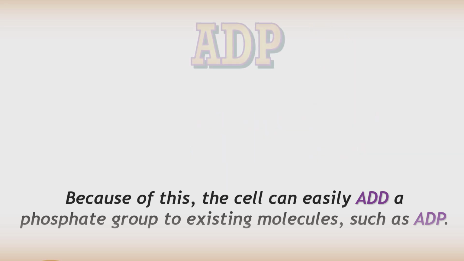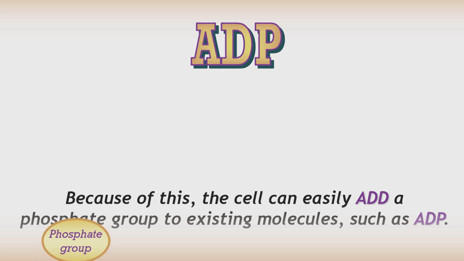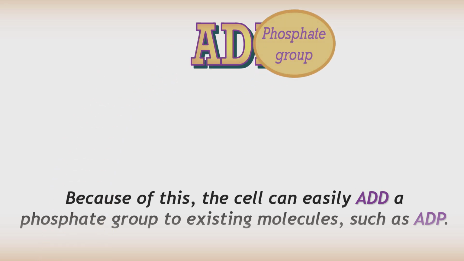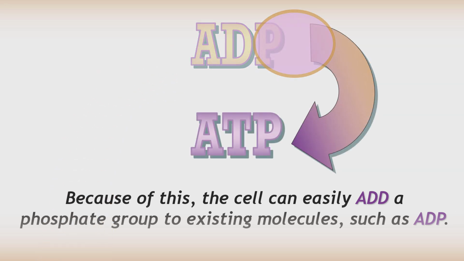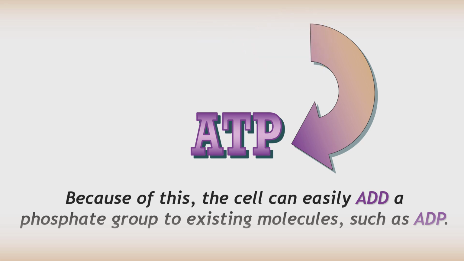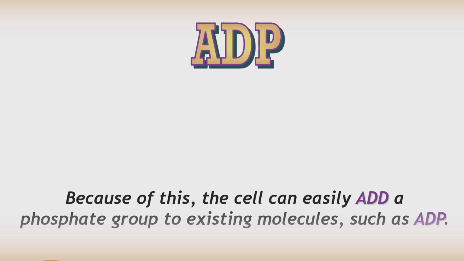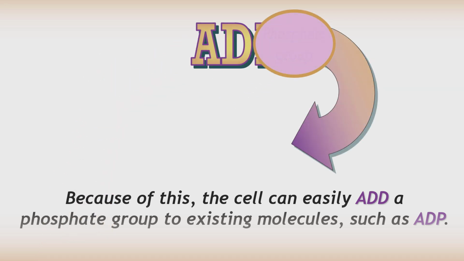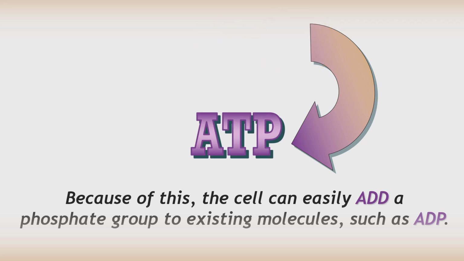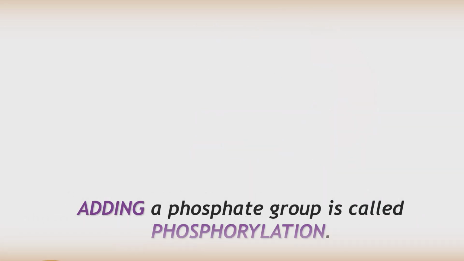And it's easy for the cell to do this. It's easy for the cell to add a phosphate group to ADP and turn it into ATP, because those building blocks are always present. Again, the cell can easily add a phosphate group to existing molecules such as ADP. Adding a phosphate group is called phosphorylation.